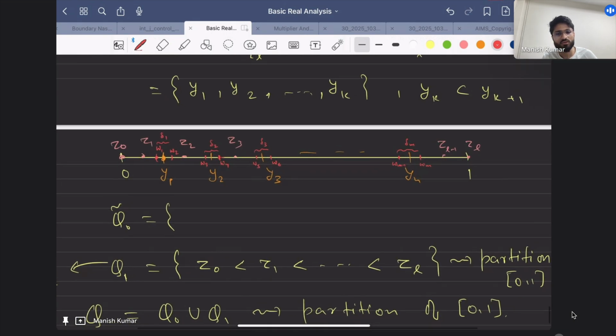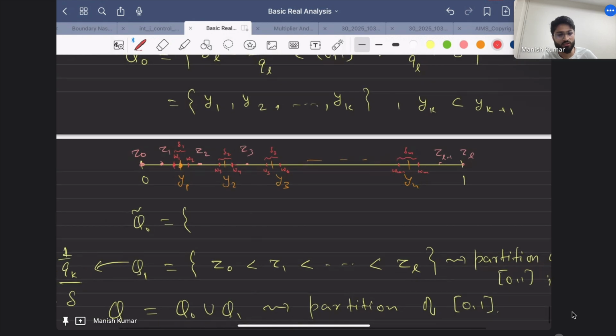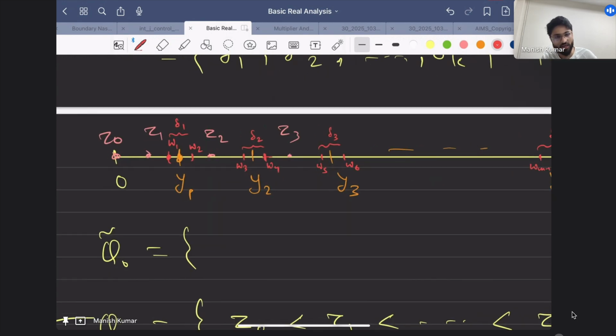Because these are discrete points on [0, 1]. It's not that whenever it is an endpoint we'll take that as the point. So what is the need to prove this, sir? We can simply say that the lengths of these subintervals can be made very small.